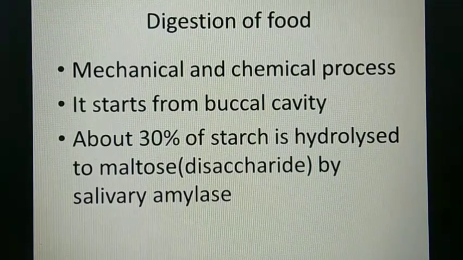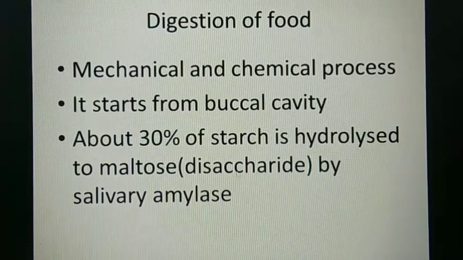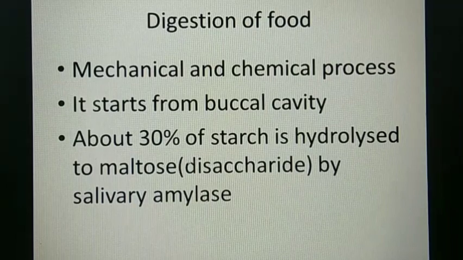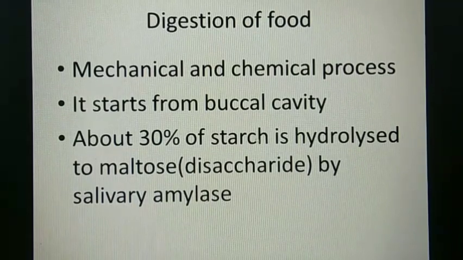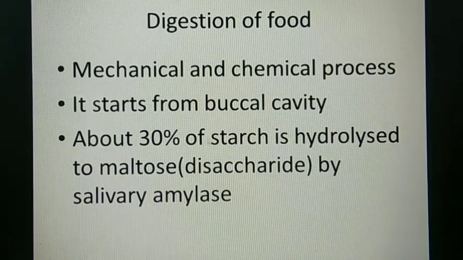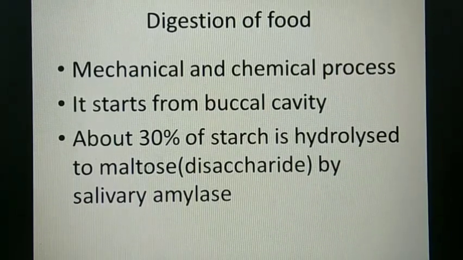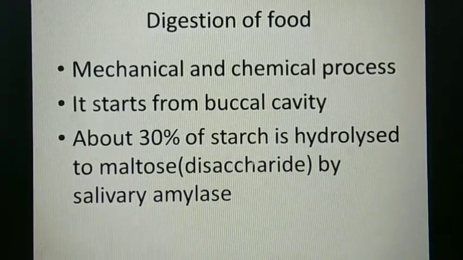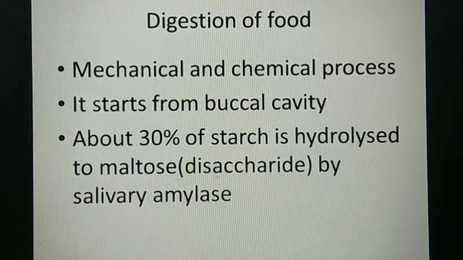So starch is actually a polysaccharide, and it will be broken down into a disaccharide, di means 2 sugars. So poly means too many sugar molecules together form a polymer or polysaccharide, that is starch. Starch will be broken down into disaccharide. It consists of 2 sugar molecules.